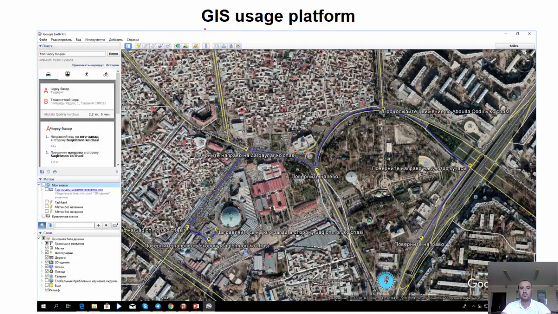Also, there is a GIS usage platform, Google Earth Pro, and it gives us lots of opportunities. For example, we can find our location quickly and accurately, and we can get to the destination that we want.